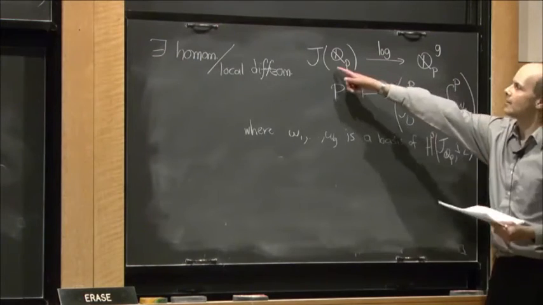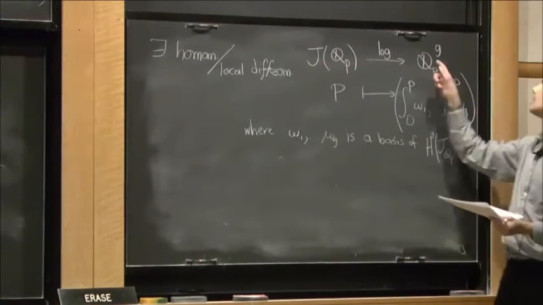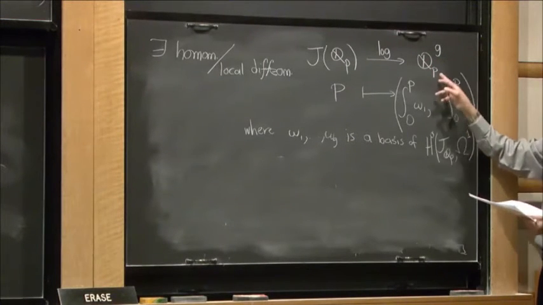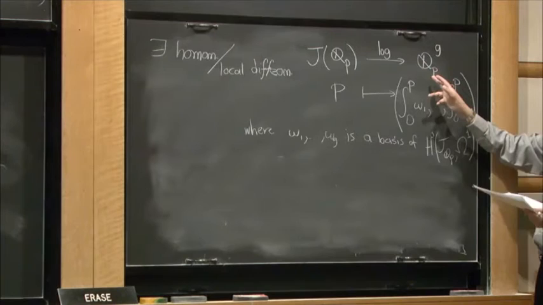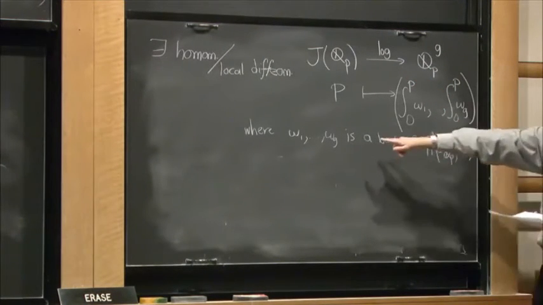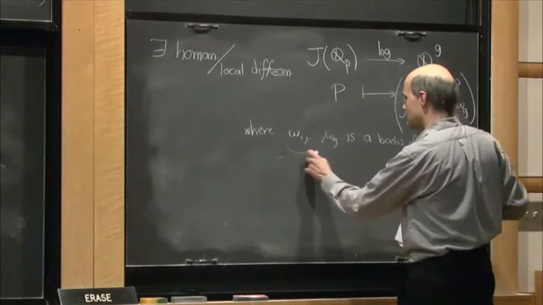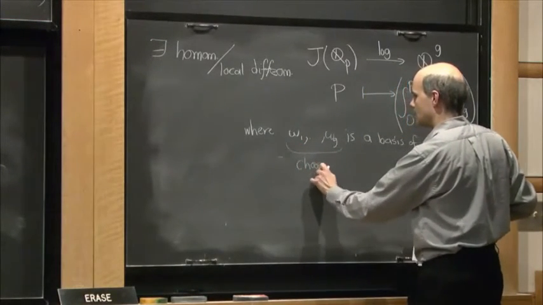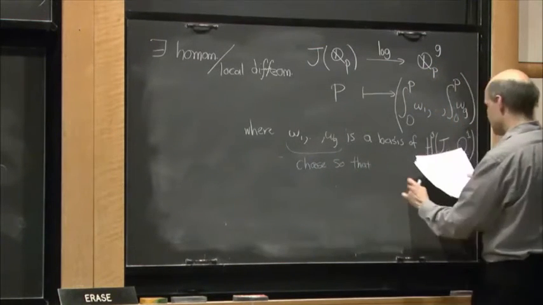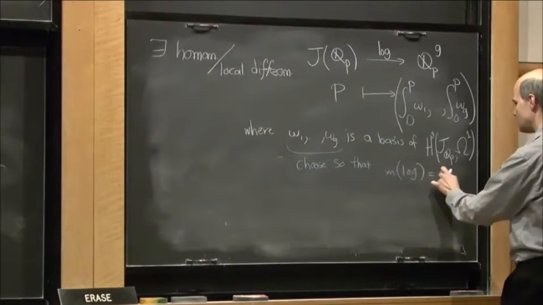This is a compact group, and it's a local diffeomorphism, so the image is both compact and open, and therefore the image is going to be isomorphic to Z_p to the g. And by changing the basis, I can choose it so that the image of this log map is exactly Z_p to the g.